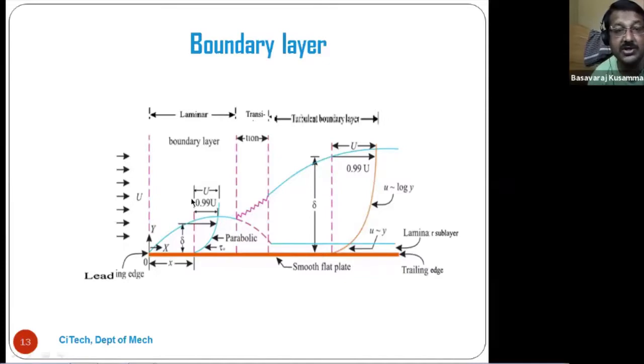That distance is called the boundary layer thickness. As the fluid moves on, the boundary layer thickness also increases, and in the turbulent boundary layer it increases further.